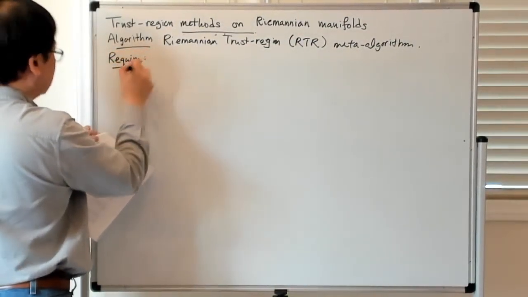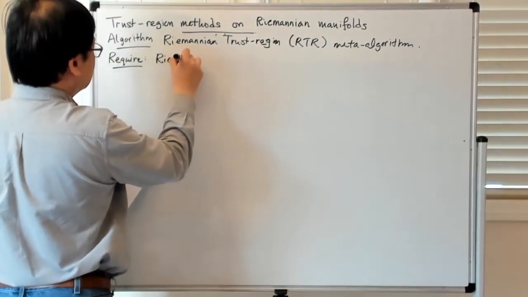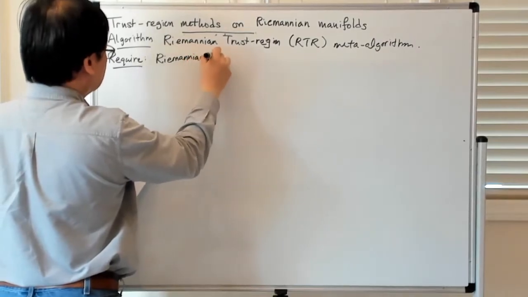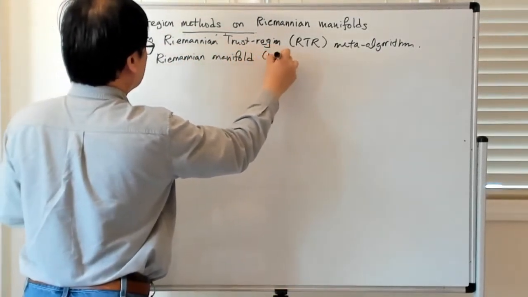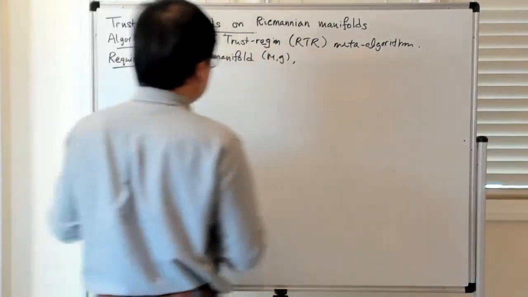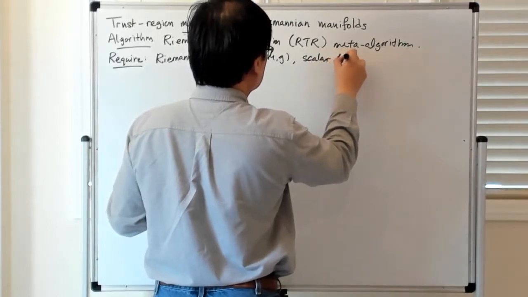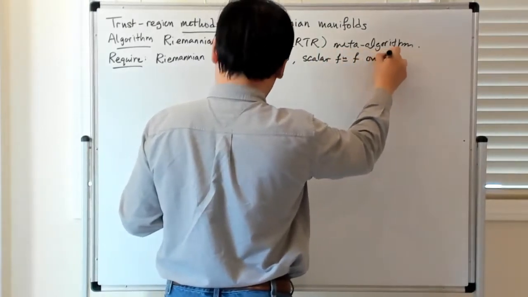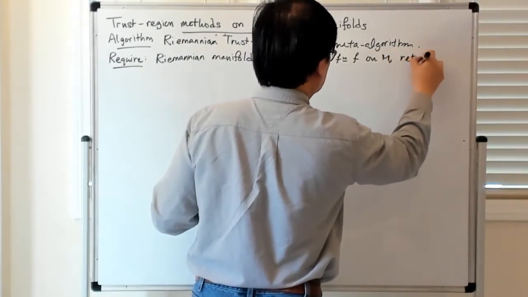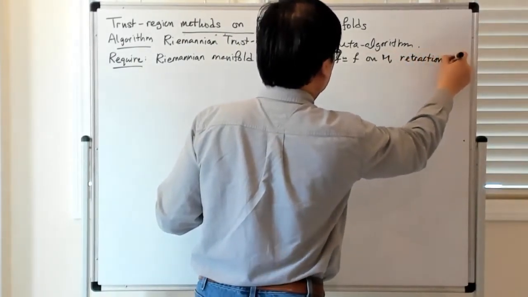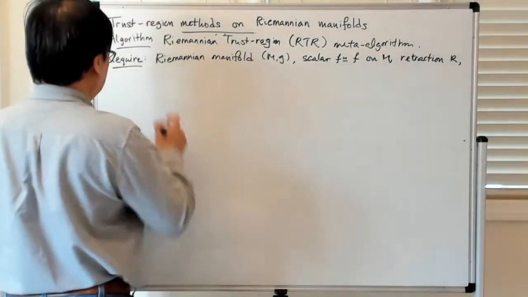You have a Riemannian manifold M with metric g, a scalar function f on M, a retraction R, and you have parameters.